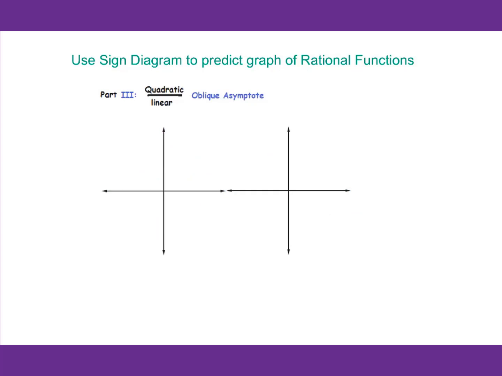Now let's discuss the third type of rational function, quadratic over linear. We can write that as ax squared plus bx plus c, over dx plus e. Since the numerator has one more degree than the denominator, we have an oblique asymptote line this time.